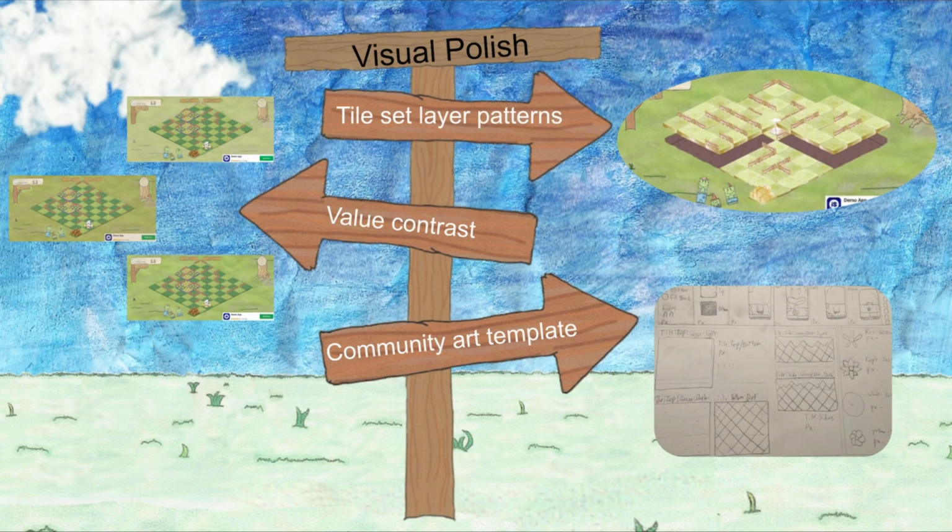And then finally, we're now moving into the community art template and trying to figure out a way to make a system for people to participate in the game by making the playable assets.